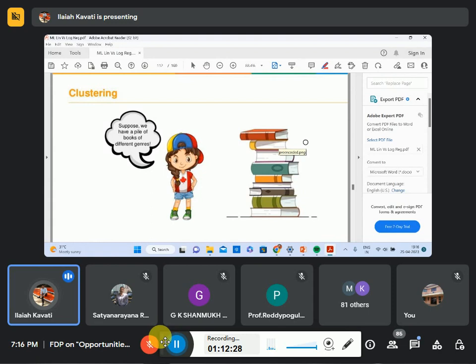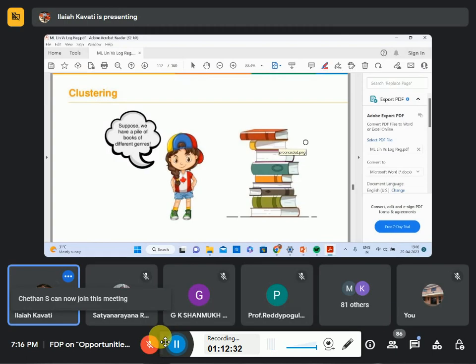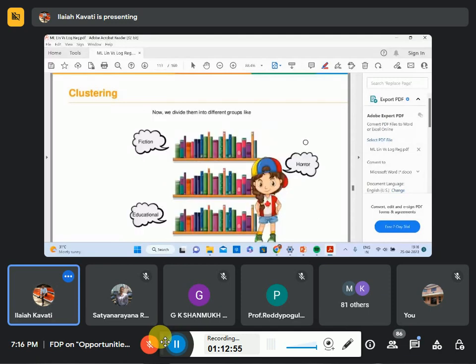In mechanical, they may belong to materials or manufacturing or something. So they are close. There is some close relationship between those books. That's why clustering, I can say in one line, is grouping the objects into clusters based on their similarity. That is called clustering.